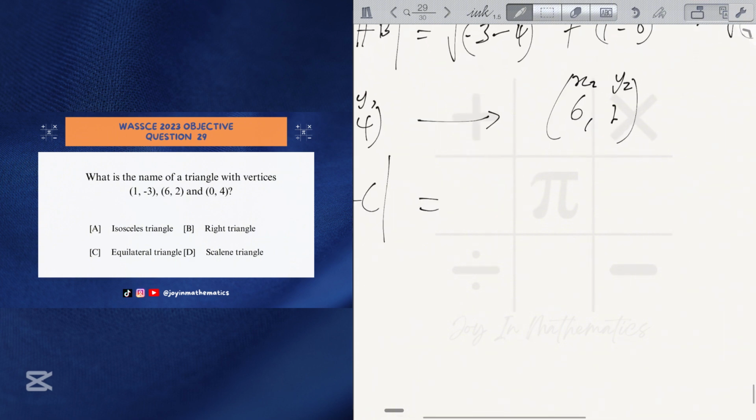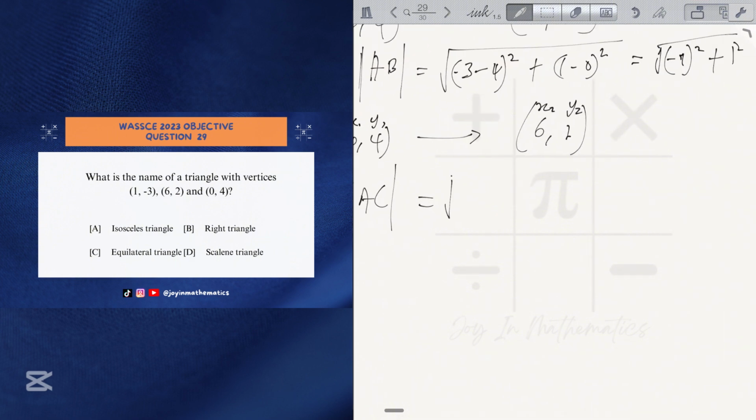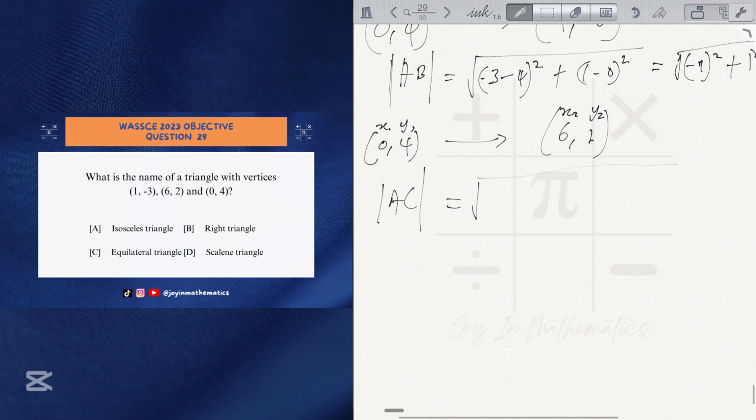Y2 is 2, y1 is 4, squared, plus x2 is 6, x1 is 0, squared.